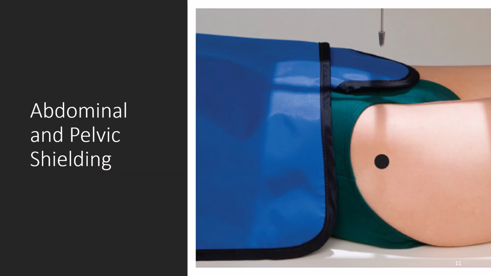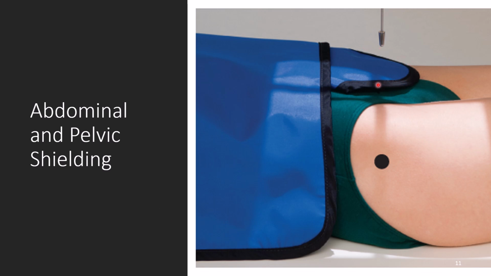When we look at female gonadal shielding, this picture is figure 7.35. This shows that when they talk about doing a unilateral hip or the proximal femur, you can cover the general pelvic area without covering the specific hip being examined, and that's what this is showing.